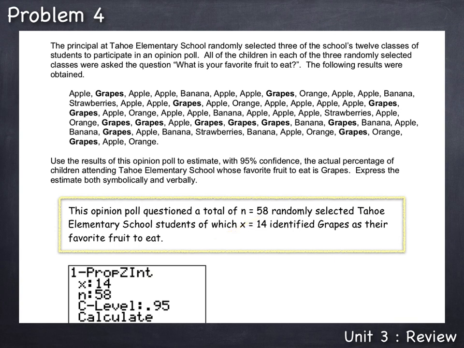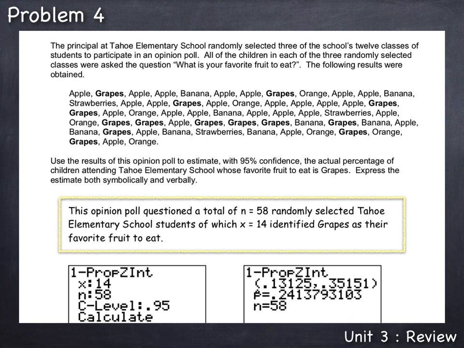And C-Level, short for confidence level, is the customary 95%, or as we enter it into the calculator, 0.95. Now with the cursor blinking on Calculate, we press enter. And the confidence interval is displayed on the screen.